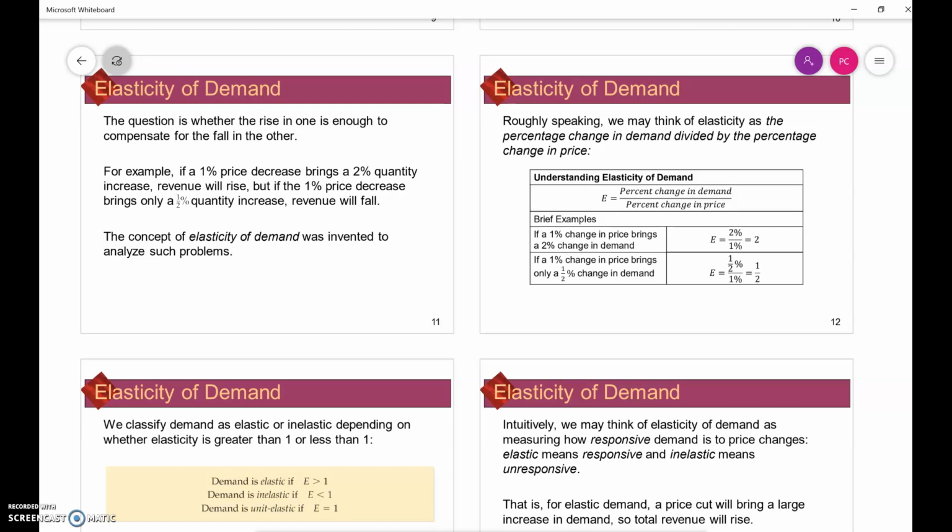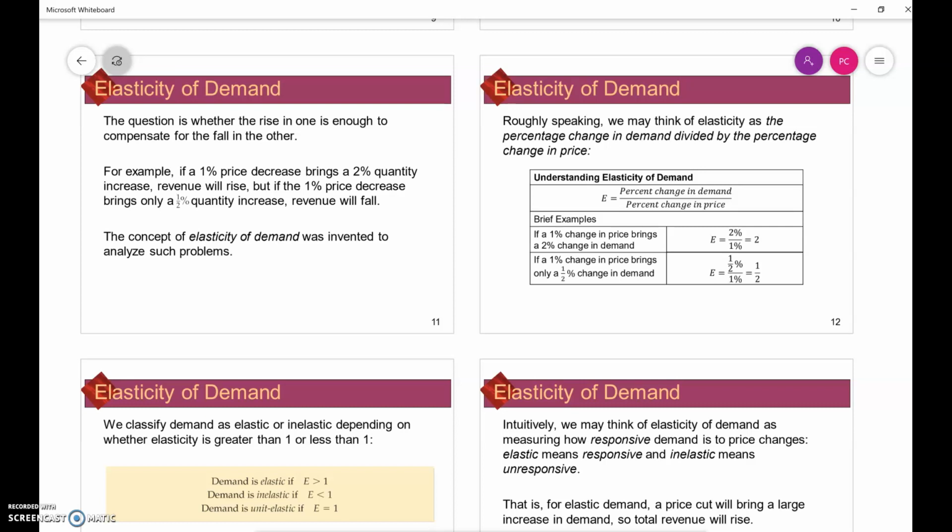So for example, if a 1% price decrease brings a 2% quantity increase, revenue will rise. But if the 1% price decrease only brings in 0.5% quantity increase, revenue is going to fall. Okay, for multiplying those together. So the concept of elasticity of demand was invented to analyze such problems.